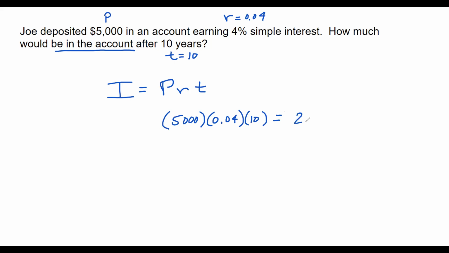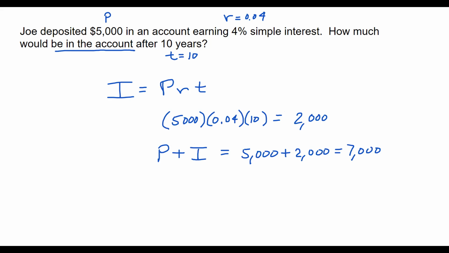And that equals $2,000 of interest. But we need the account balance. So that's going to be P, the principal, plus the interest. Our original $5,000 plus $2,000. Our balance is $7,000 after 10 years.